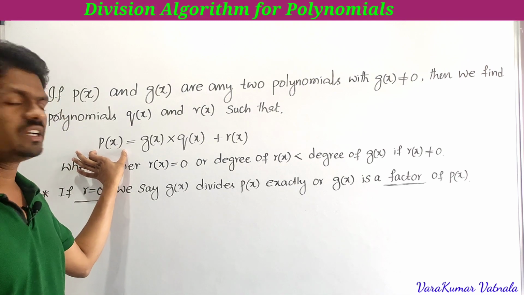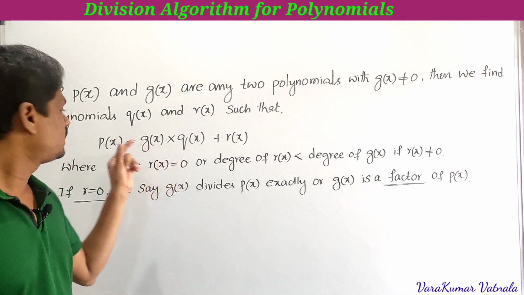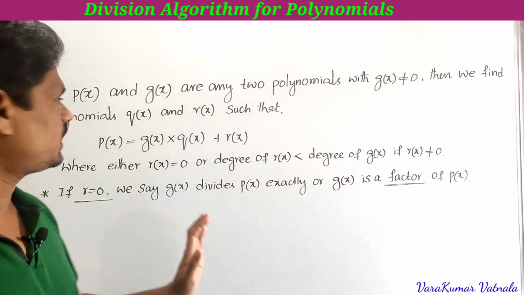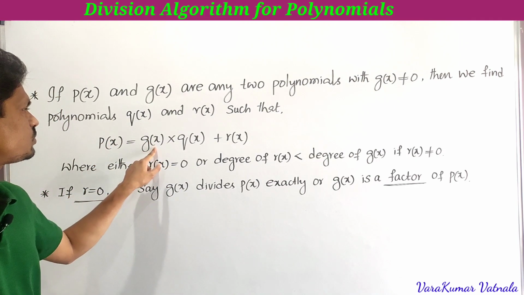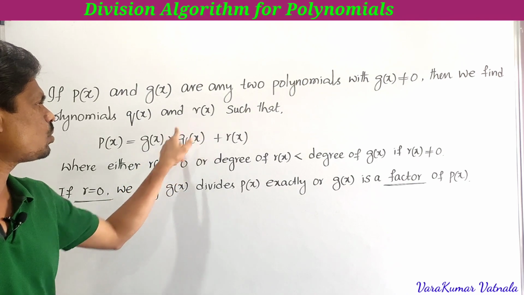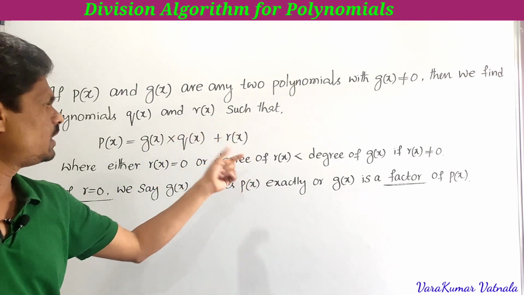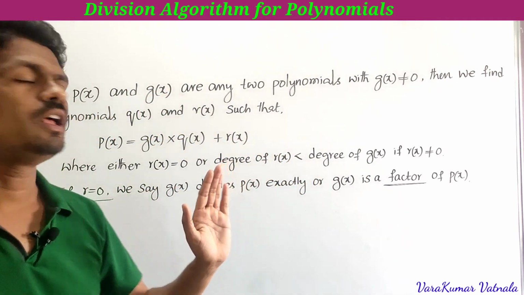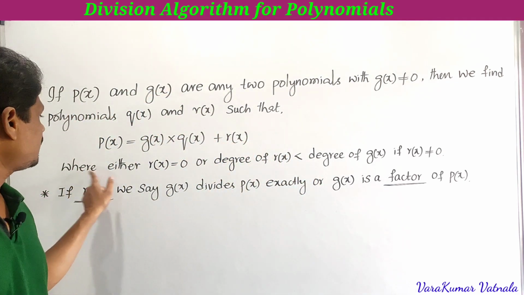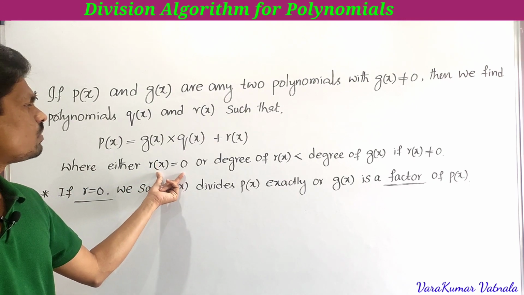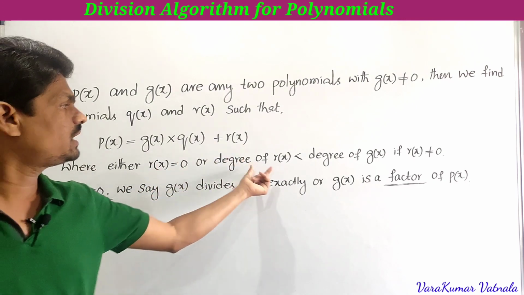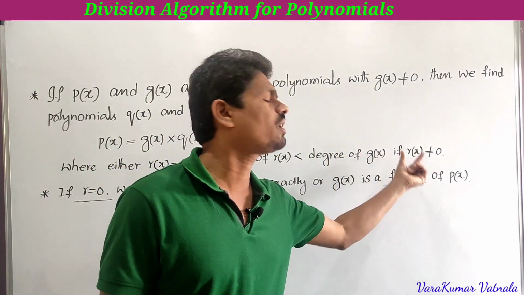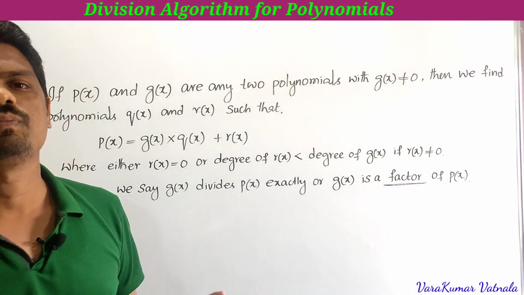Here p of x is the dividend, g of x is the divisor. If we divide p of x by g of x, we get a quotient and the remainder. Here q of x is the quotient, r of x is the remainder. You have to remember that either r of x is equal to 0, or the degree of r of x is less than the degree of g of x if r of x is not equal to 0.